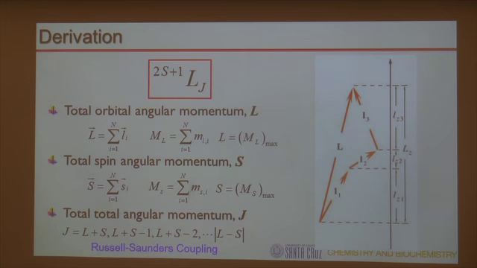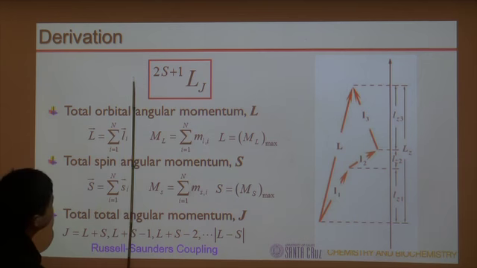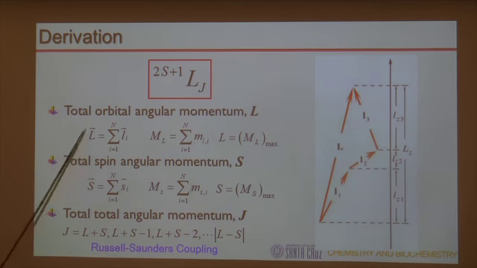In order to derive the term symbol, we have two kinds of methods. One is the vector sum, one is the scalar sum. Which one do you want to use? Think about the vector sum and the questions you encounter.